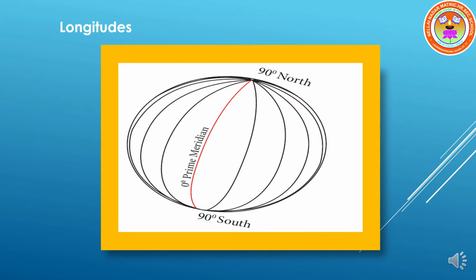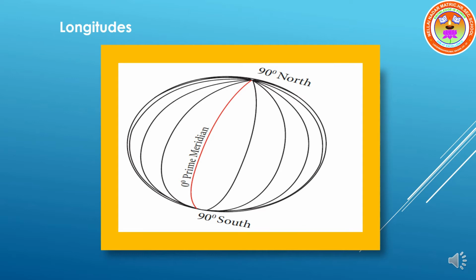So, the 0 degree line of longitude is called prime meridian. See the image, children. The red color line drawn from 90 degree north to 90 degree south is called 0 degree prime meridian. Okay? There are 180 lines of longitude towards the east and west from the prime meridian.